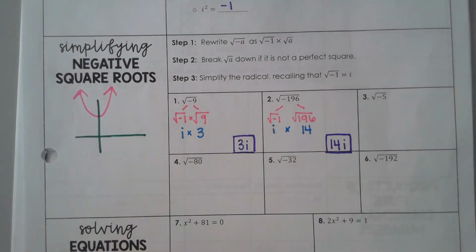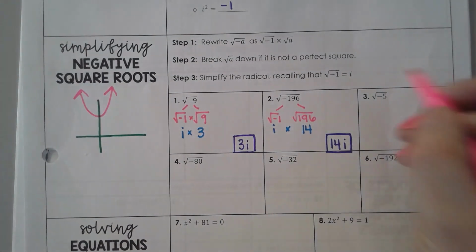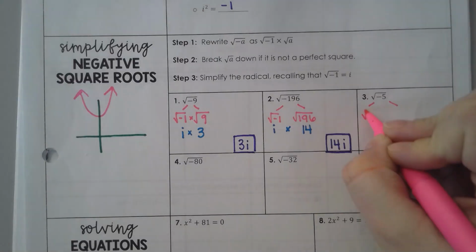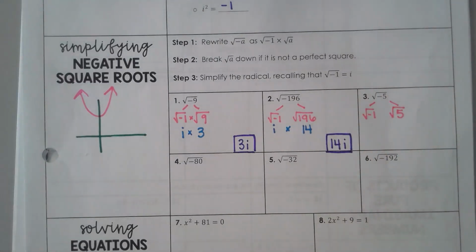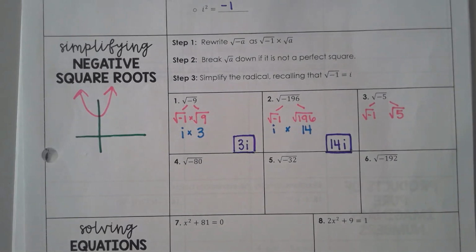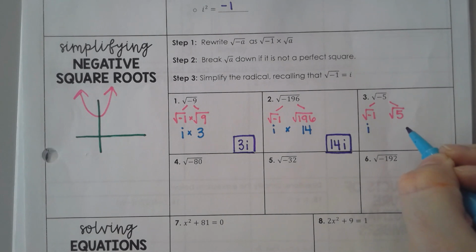All right, number 3. We have the square root of negative 5. Take out your negative 1, which leaves you with positive 5. What is the square root of negative 1? i. Is 5 a perfect square? No, so it does not turn into a whole number.